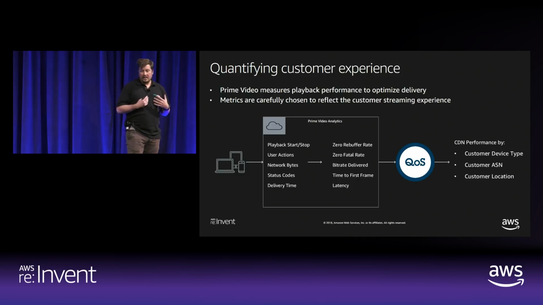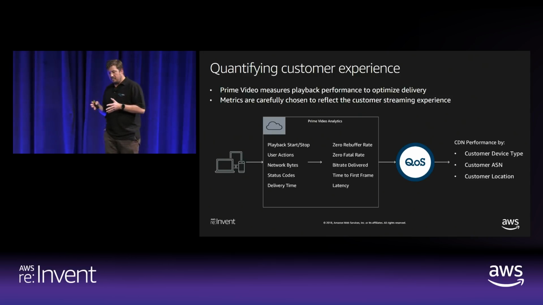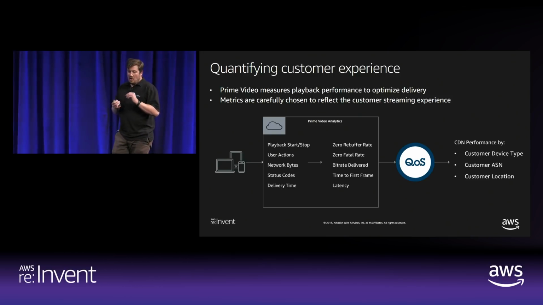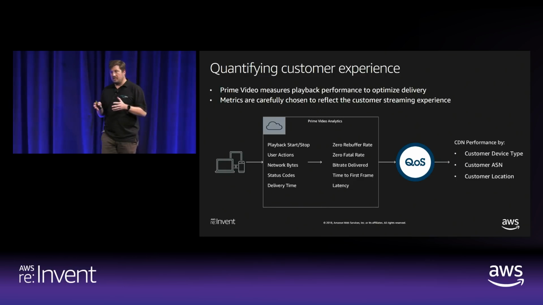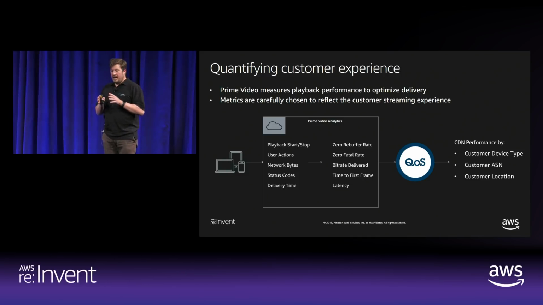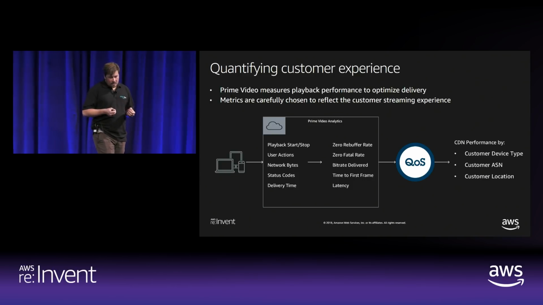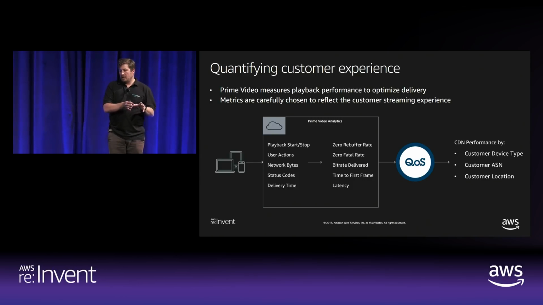So we have a fitness function defined, and we keep trying to make it better, but it will calculate what the QoS score is, and that's what we're calling a quality of service score for a segment with a given CDN. What's a segment? A segment is just a piece of our customer base defined by 3 main dimensions.